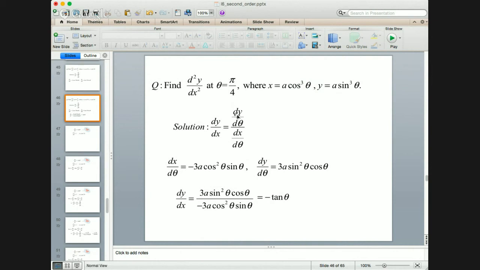It's also not d2y by d theta square divided by d2x by d theta square, because we are not finding the derivatives of dy by d theta with respect to theta again. So you cannot find the derivative of the numerator and the denominator with respect to theta again, and then take the quotient.